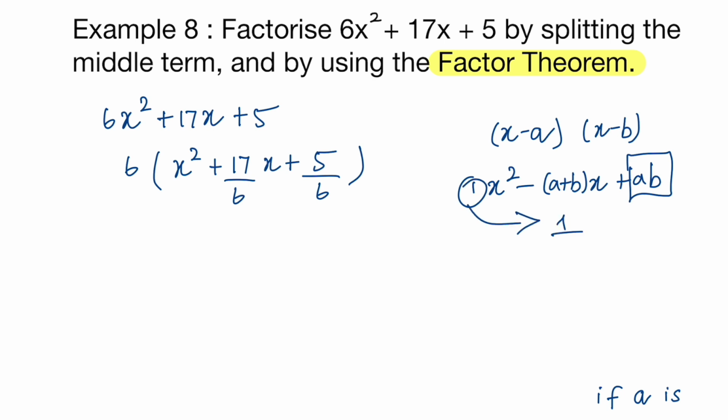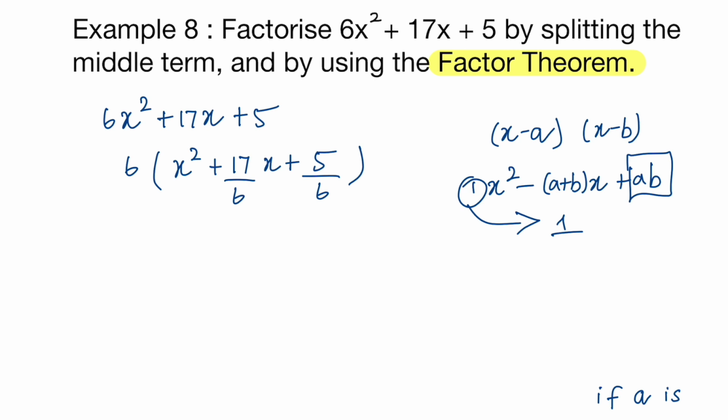So you are dividing the entire polynomial by 6 and multiplying by 6 outside the brackets. Or in simpler terms, you are taking 6 as a common factor.